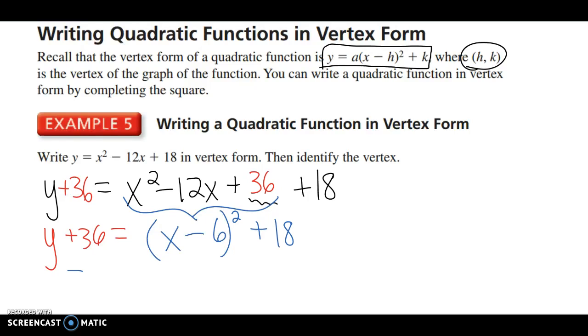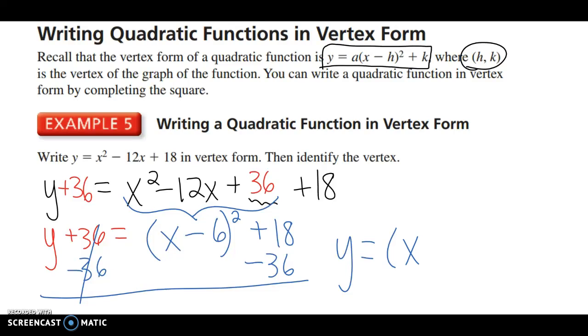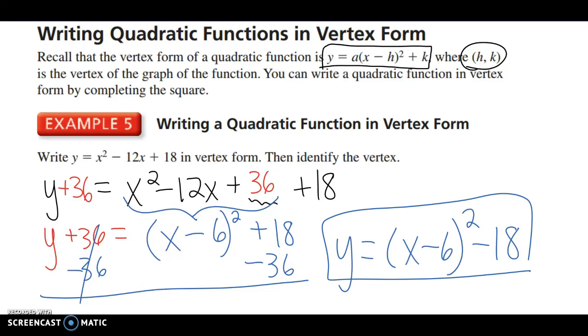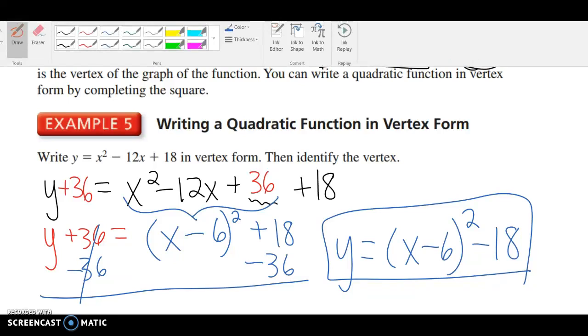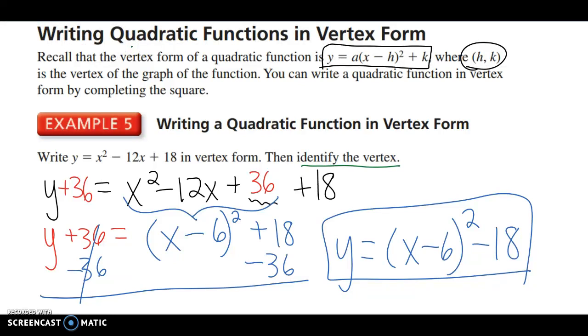And then I just subtract 36 from both sides to get y equals x minus 6 all squared minus 18. And now you can see this is in vertex form. The last step here is going to be identifying the vertex. And what would my vertex be? You should get 6, negative 18.